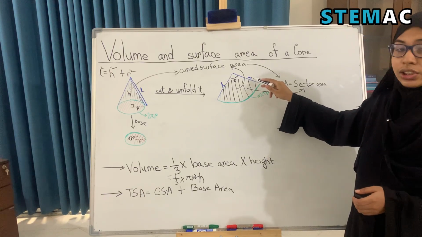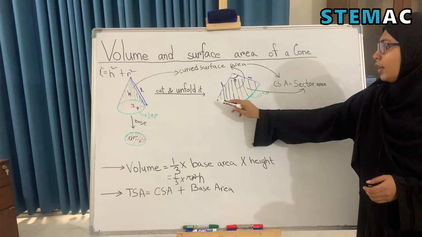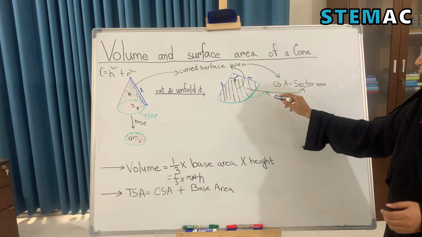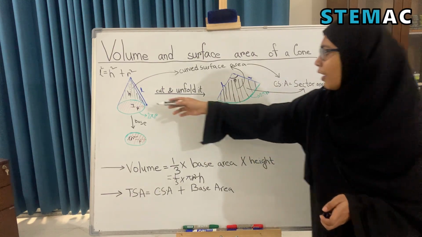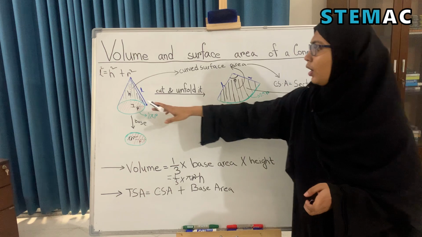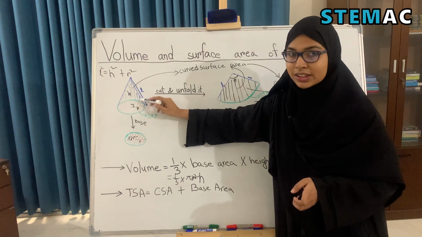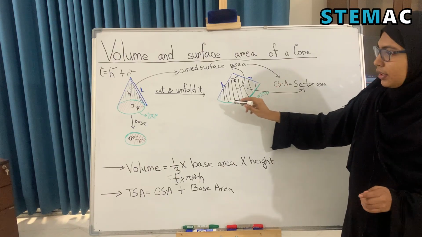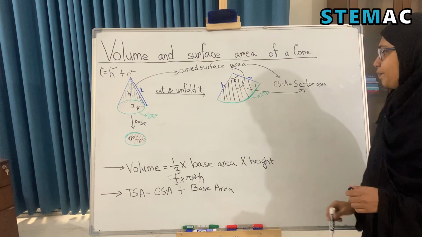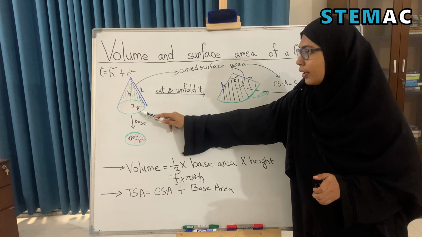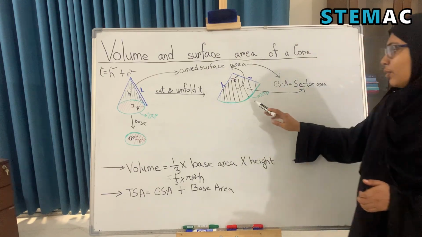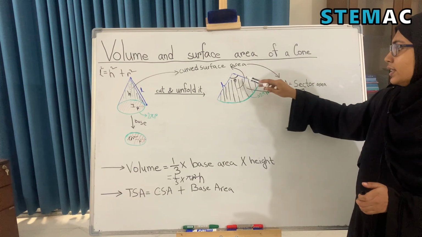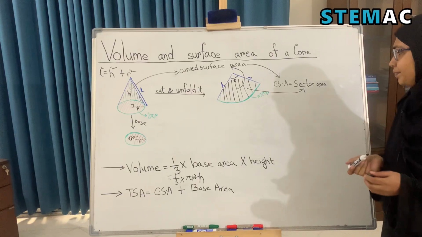It has radius of L, and the arc length for this sector is 2 pi r, because after unfolding it, this was the base. So, earlier the base was 2 pi r, and now it is also 2 pi r, that is making the arc length of this circle with radius L.